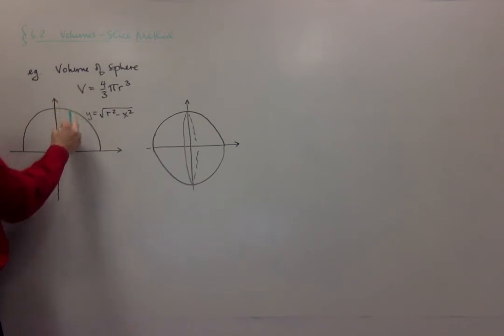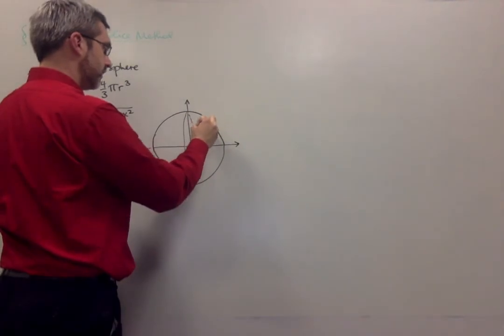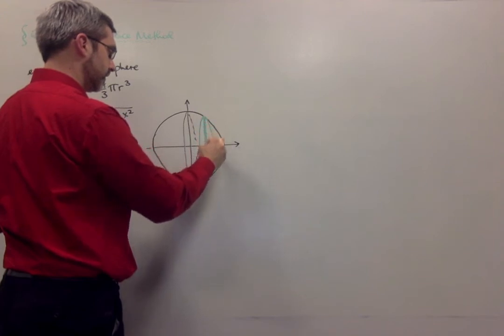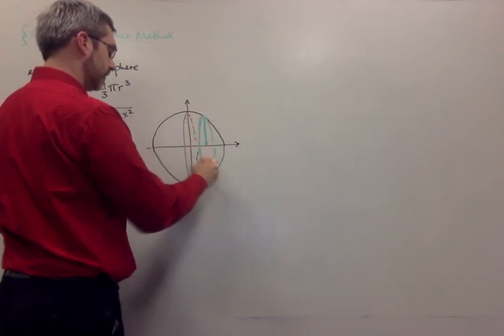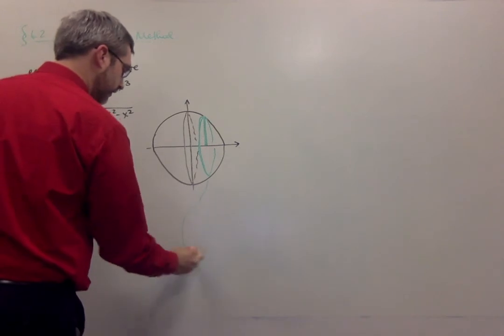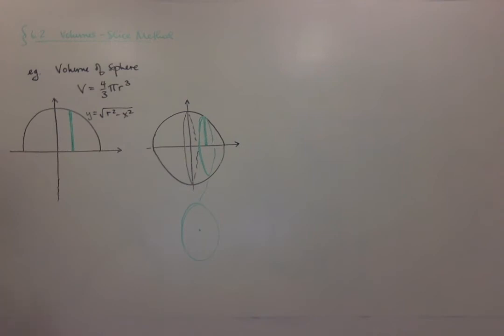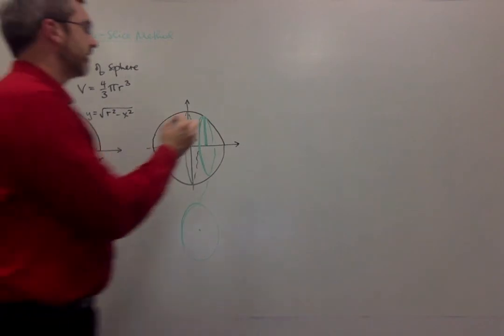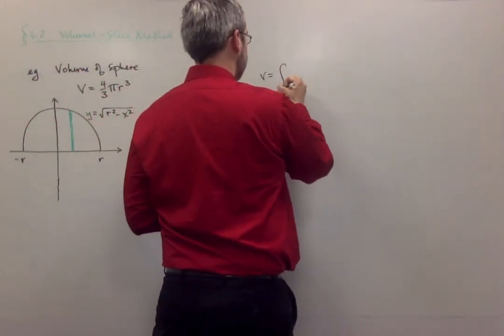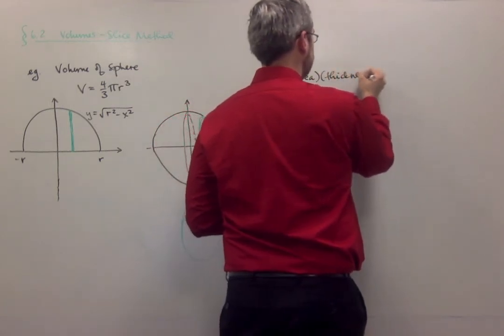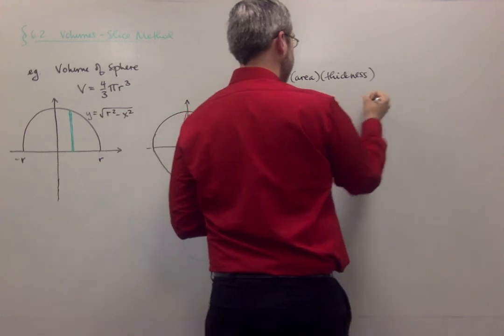If we were to slice this here, that would look like a slice over here, rotated, a circle here, and this is going to go from negative r to r. So our volume here is going to be area of each section times the thickness. The thickness is dx here, right?